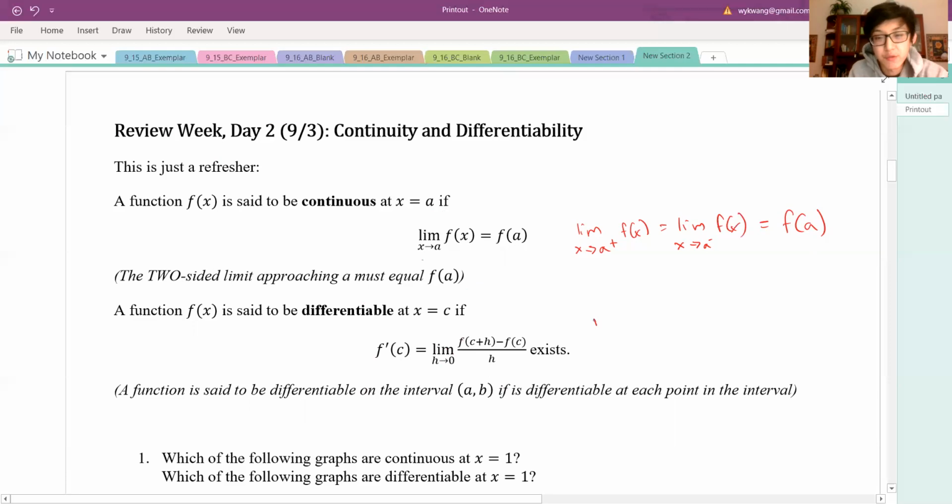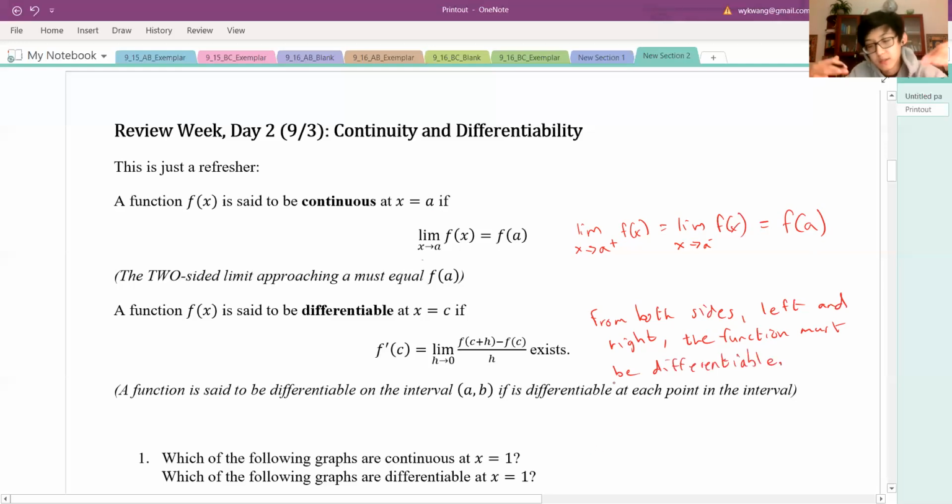So what it's really saying is from both sides, left and right, the function must be differentiable. So what does that really mean? It means from both sides, converging at a point, we must be able to take the derivative of the function. So I'll show what that means in a second.